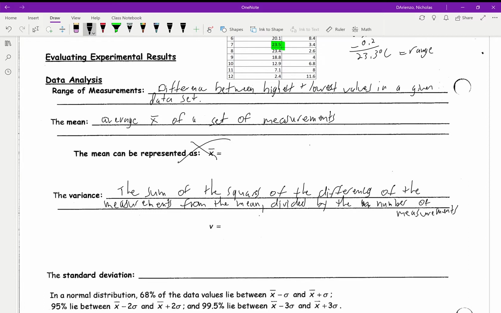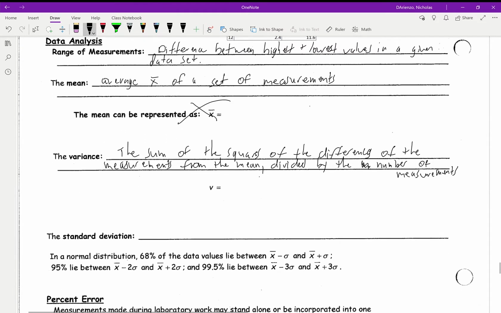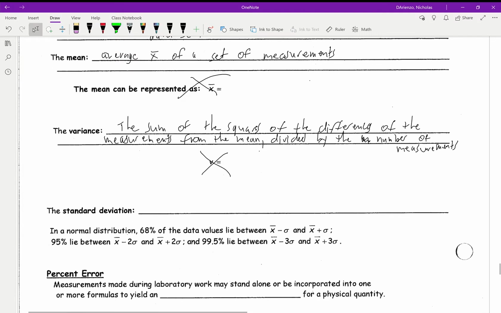Again, this can be represented with a pretty complicated equation here, which we're not really going to get into here. The standard deviation, which will be our third means of analyzing data, is the square root of the variance.